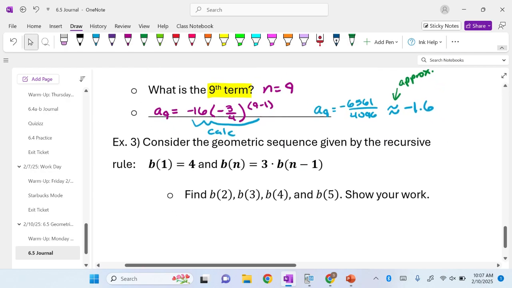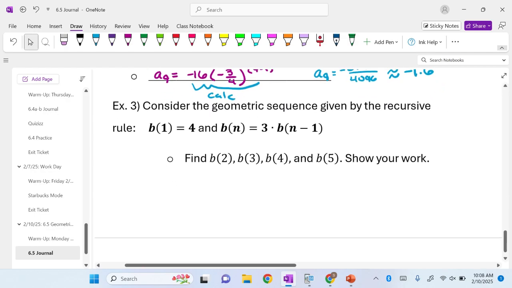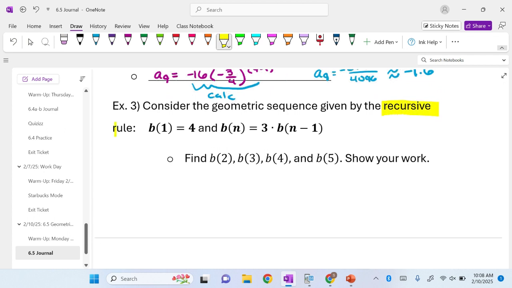All right. Now, example 3. They gave us a geometric sequence, but they only gave us the recursive rule. So remember, your recursive rule gives us our first term, and then how we get to the next term given the previous term. And it wants us to find b of 2, b of 3, b of 4, and b of 5.